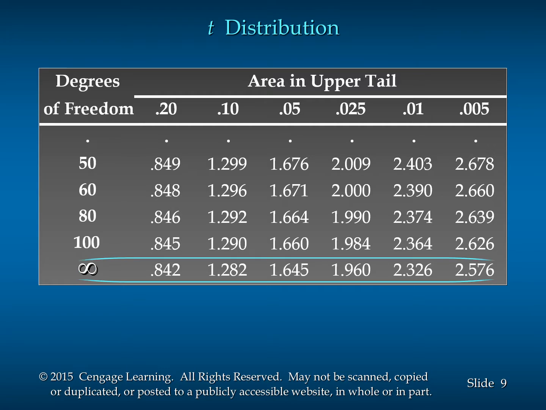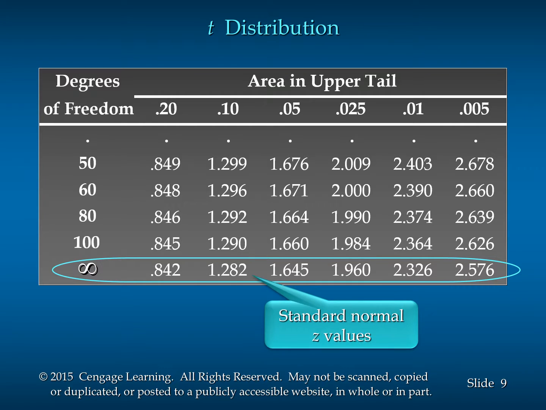To use the t distribution table and determine a probability, we need to know the degrees of freedom and the area in the upper tail, which for a confidence interval will be equivalent to the significance level alpha divided by 2.